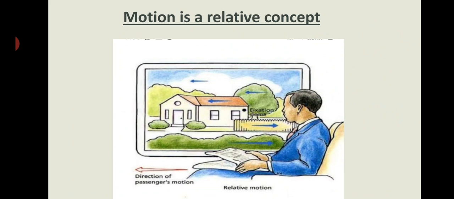Means when you are traveling in a car and look at trees, houses outside through the window, it seems to you that the trees, houses are moving and you are at rest. Similarly, to say whether an object is in motion, it relates to who is observing, the observer. In simple words, the state of motion or rest is relative to the observer.